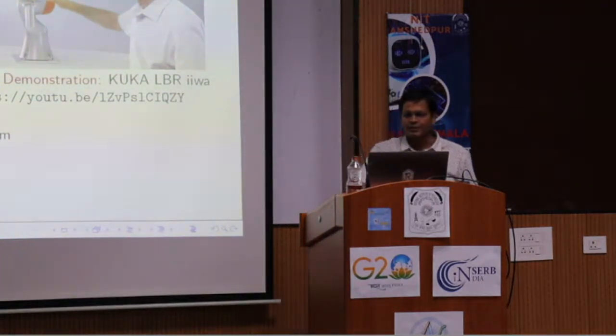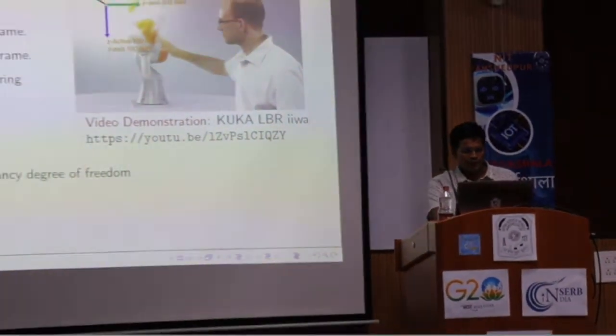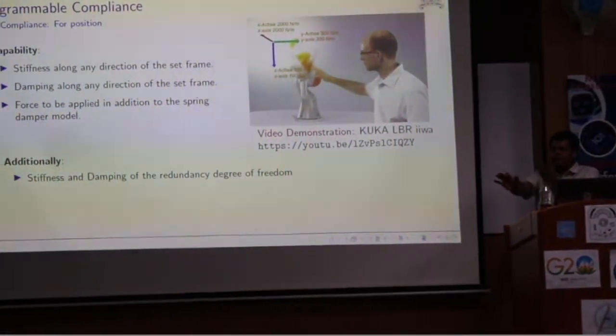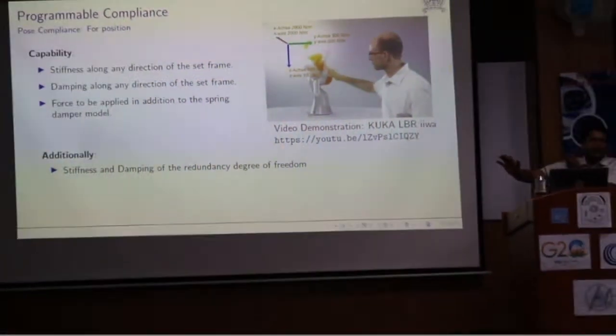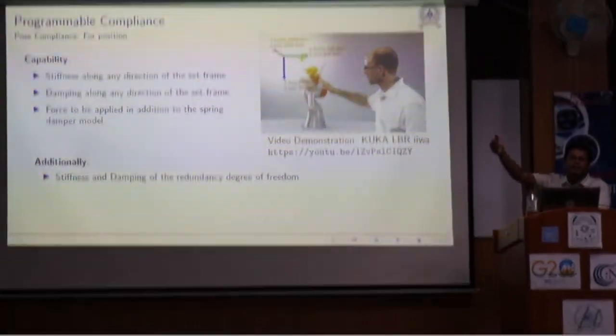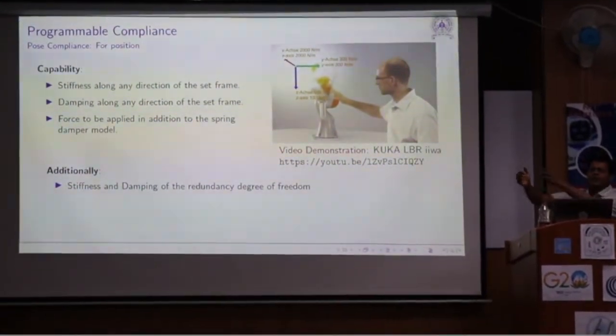Okay, so this is one application. We'll talk about redundancy later also in this slide. Okay, so stiffness and damping along all the 7 joints you can control. You can control joint stiffnesses, and finally you can control the Cartesian stiffness. By controlling the stiffness at the joints, we control the stiffness at the end effector.